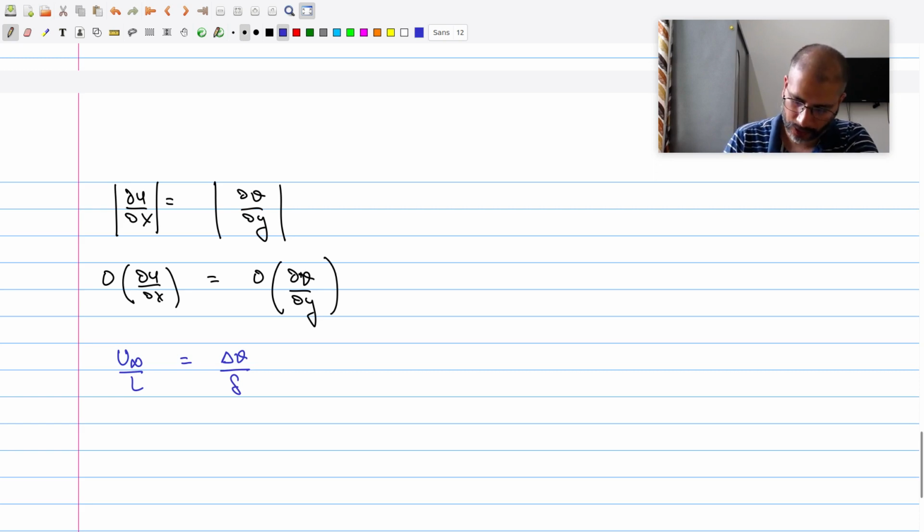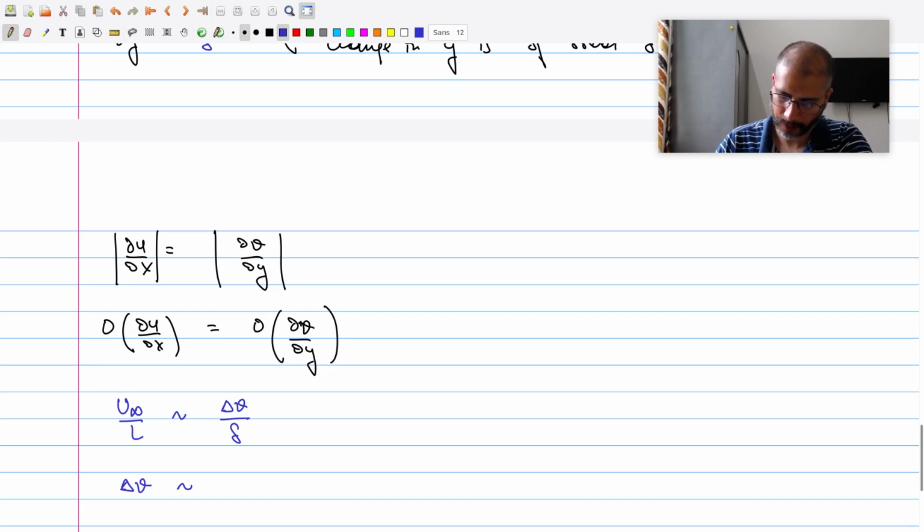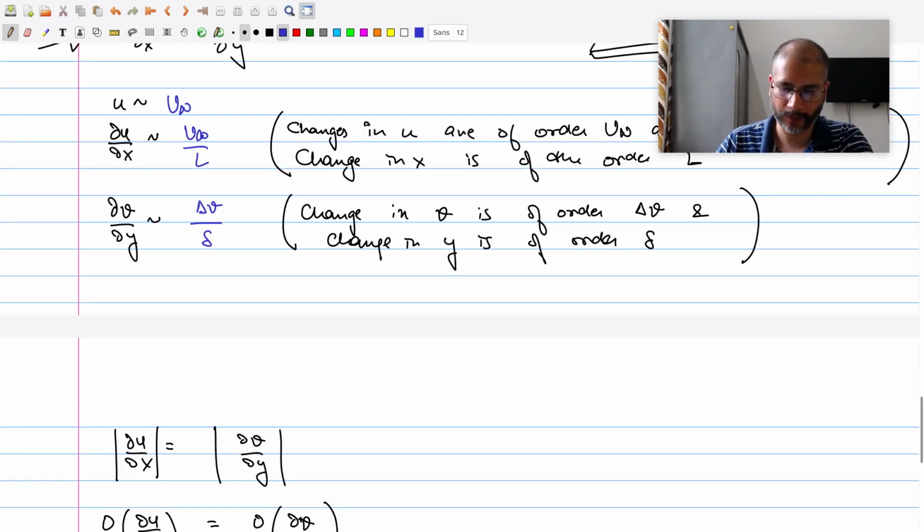So this tells us that delta v is of the order, well, we're talking about orders here. If something is of the order u infinity by L, and something else is of the order delta v by delta, and they are equal, that does not mean the orders are exactly equal, because orders can always have some constant factor multiplied.